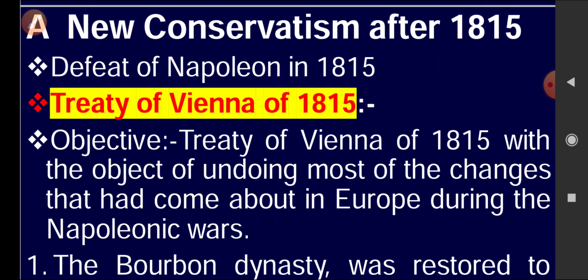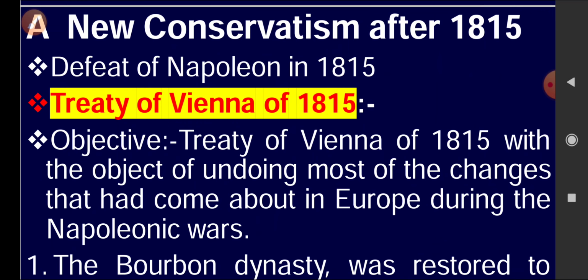Conservatism here refers to people who believed in past ideology, who were not in favor of any change, those who felt that the monarchy system or kingship was better than other governments. They are called conservatives.